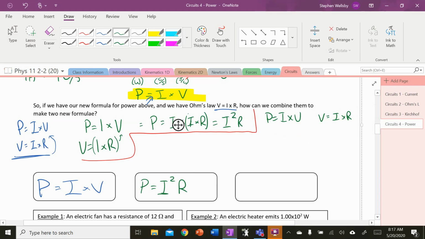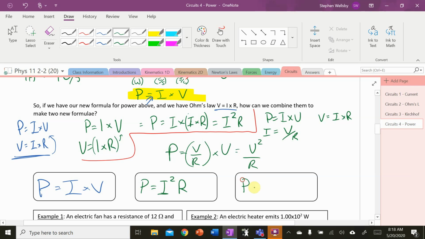If we rearrange this for I, I equals V divided by R. Now let's plug that into this formula. We have P equals I, but instead of I, we use V over R, and we multiply that by V, and we get P equals V squared over R. So this is our third and final formula for electrical power.